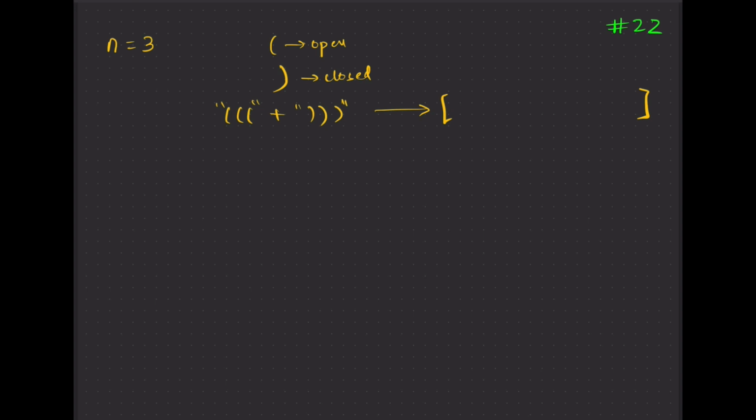So our first rule is it has to be n open parentheses and n closed parentheses.